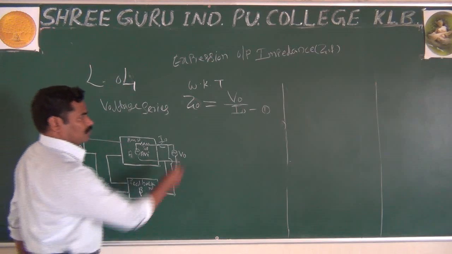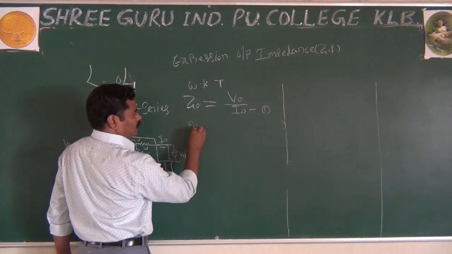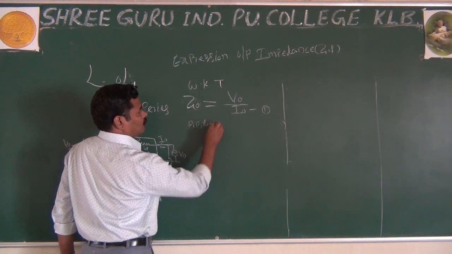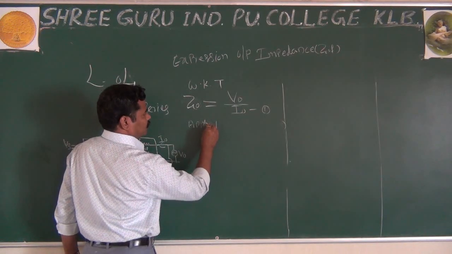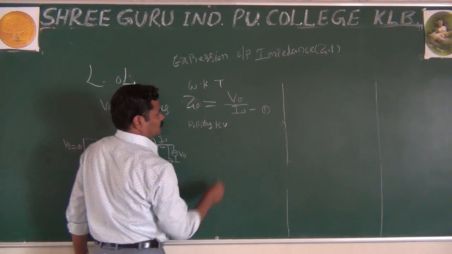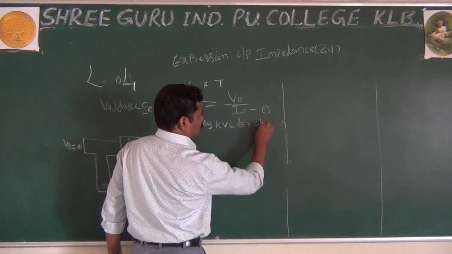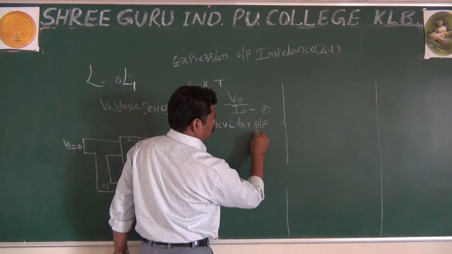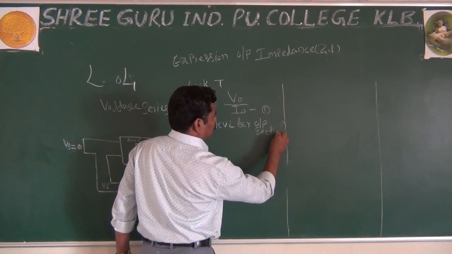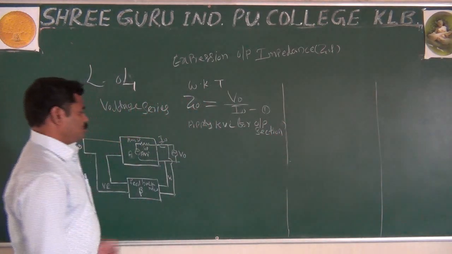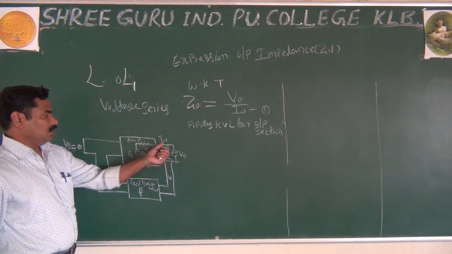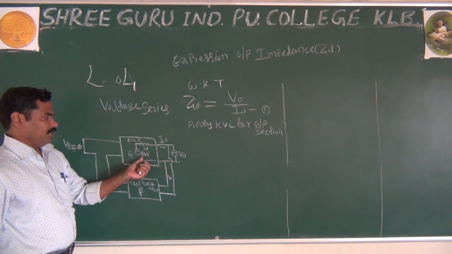In the second step, apply KVL for the output section. Vo equals Io into Zo plus A into Vi.